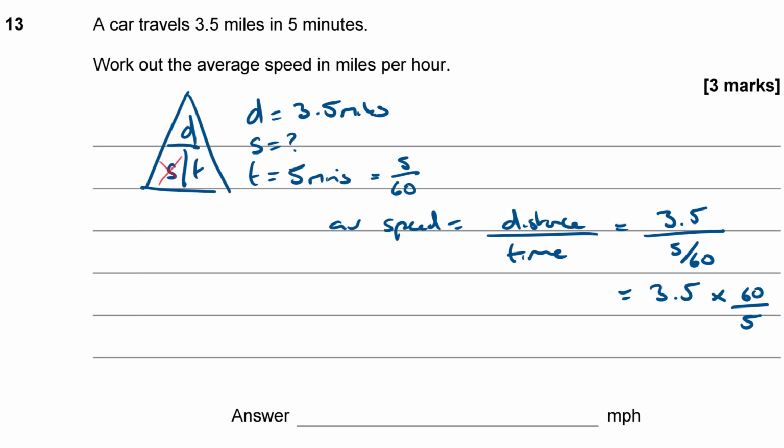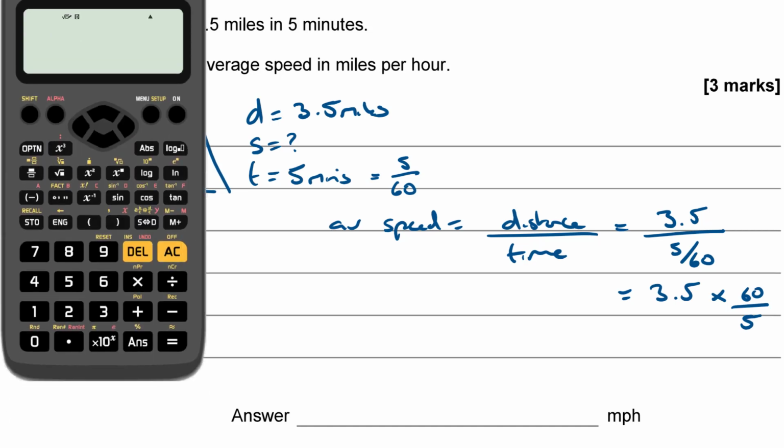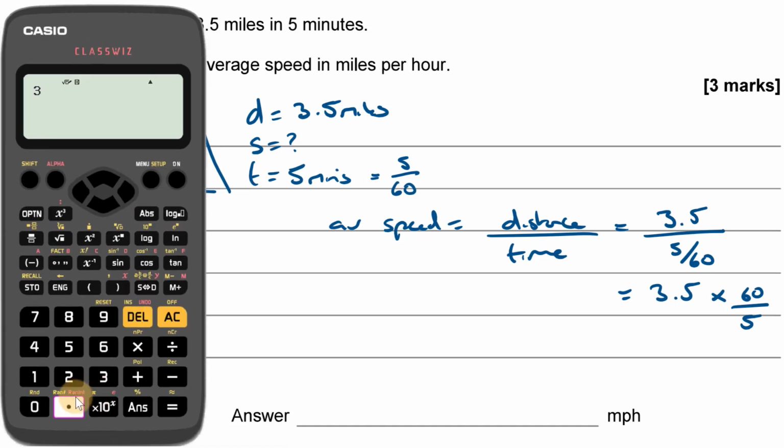So another way of looking at that is 3.5 times 60 over 5. Okay, we can type that into the calculator now. 3.5 times 60 over 5 is 42. So that's 42 miles per hour.